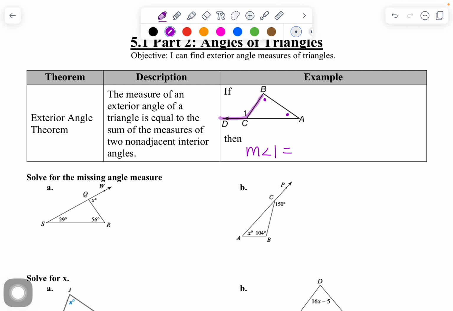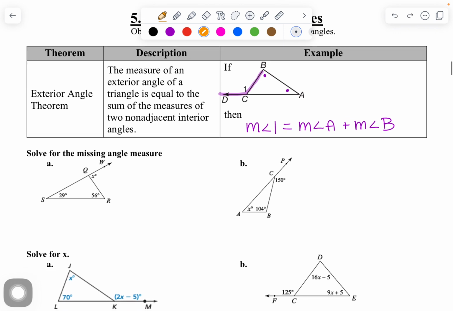So measure of angle 1 is equal to measure of angle A plus measure of angle B. You'll notice that I did not use this angle right here, which is right next to it, because that one doesn't get included in the formula.